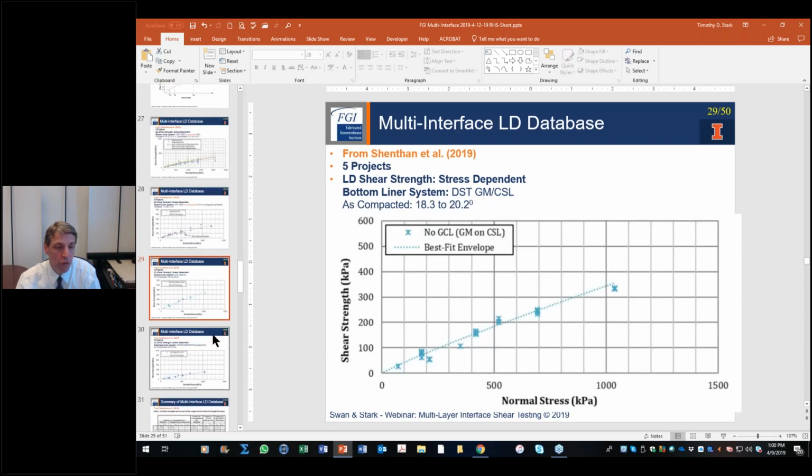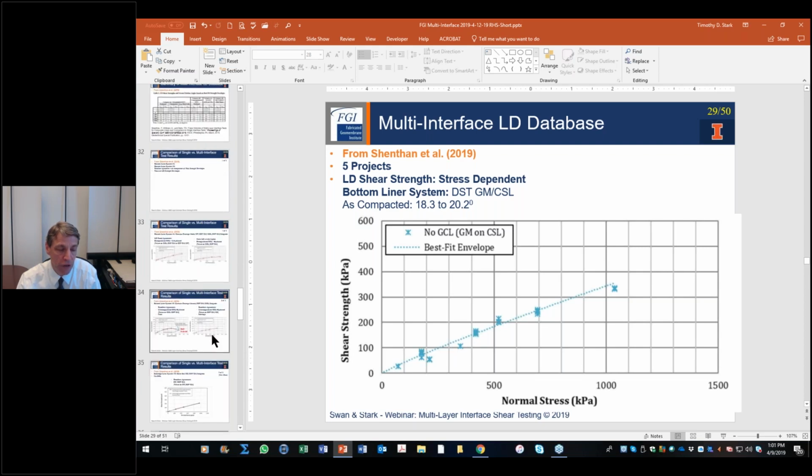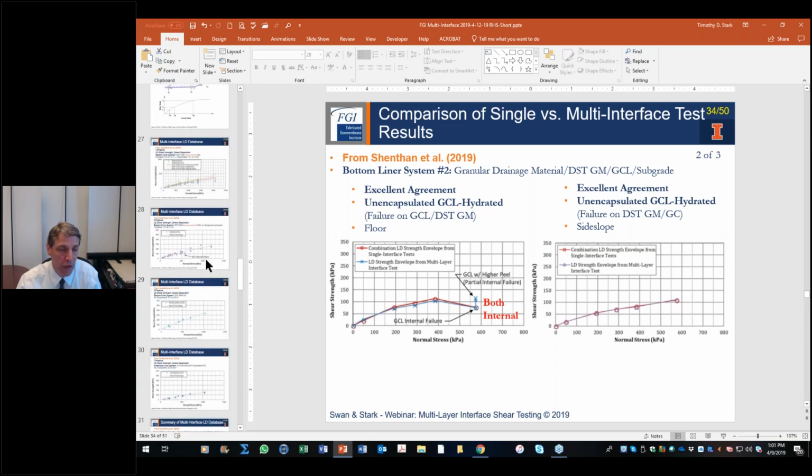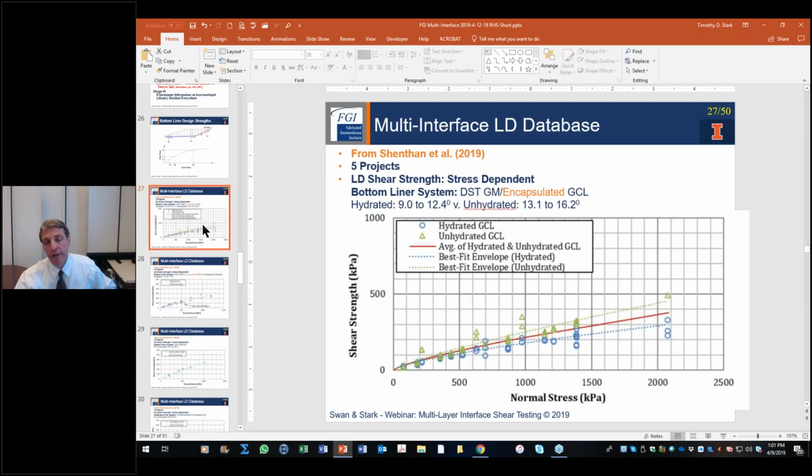Okay. So first, I found the increase in peel strength that's shown in the diagram on the screen. It increased from 2,100 newtons per meter to 2,500 newtons per meter. Now let's go back to the hydrated versus unhydrated.